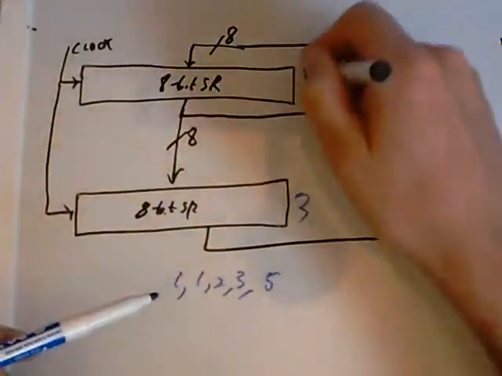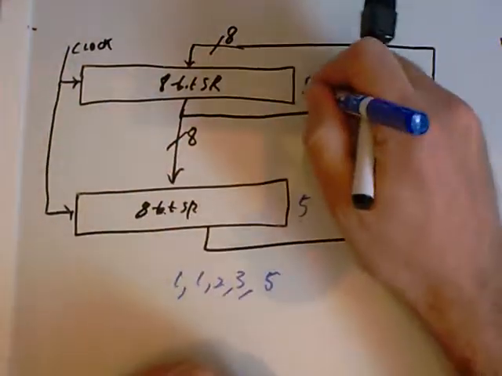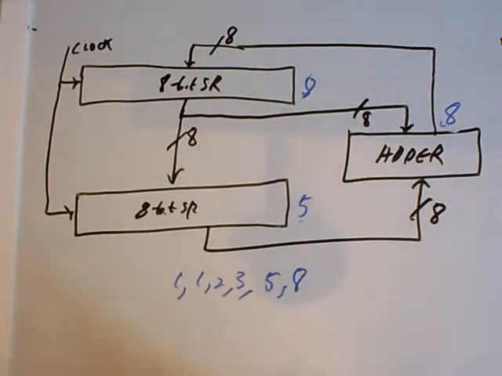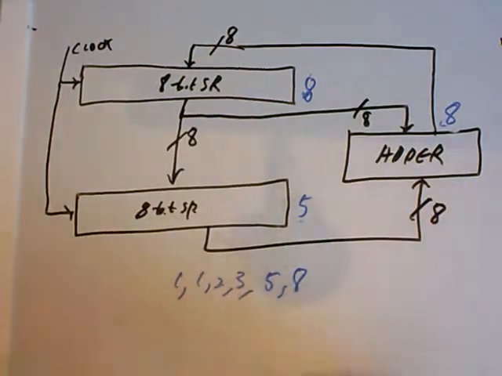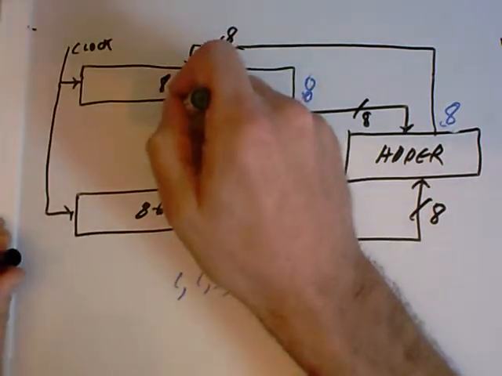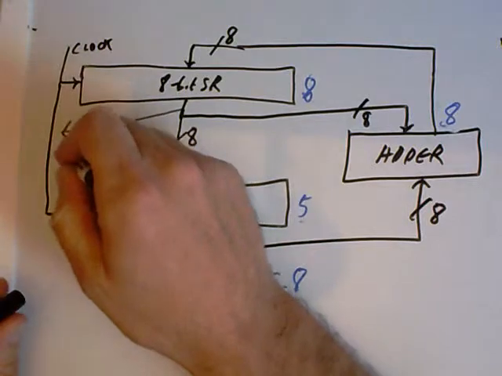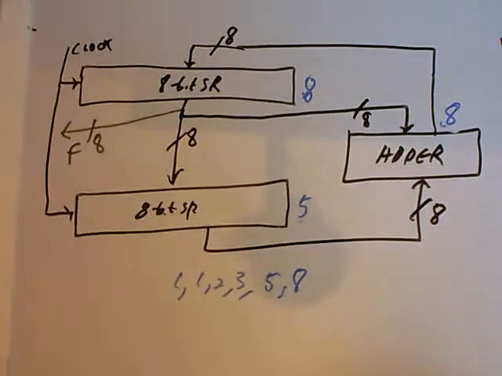And the next time we tick, the 5 will move down here, the 8 will move into here, and we'll get an output of 8, and so on. So this will be a Fibonacci sequence generator. And we'll take the bit values coming out of this adder and send those as our current Fibonacci output F, 8 bits. And that's pretty much all there is to it.